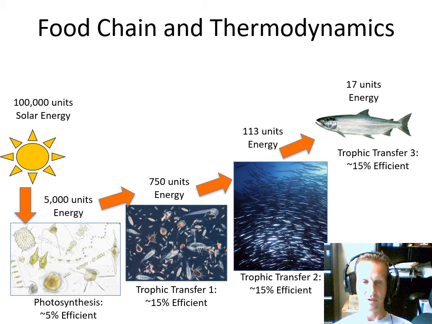So there's 5,000 units of energy in the phytoplankton. Not all of that is fully transferred into the growth of the zooplankton. So you're left with just 750 units, which is 15% of 5,000, in the zooplankton, and so on up the food chain until when you get to a high level in the food chain, really only a small amount of the original energy is remaining. And that's why organisms high in the food chain are rare.